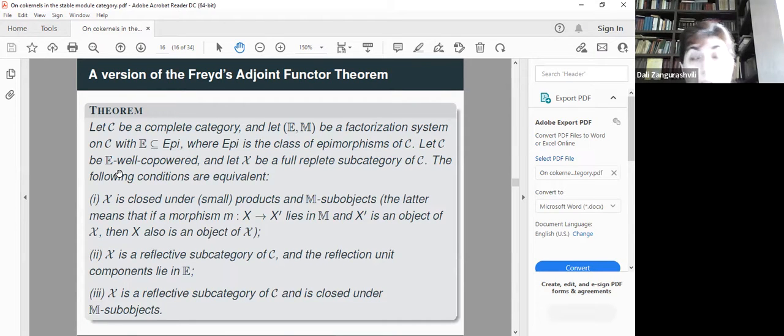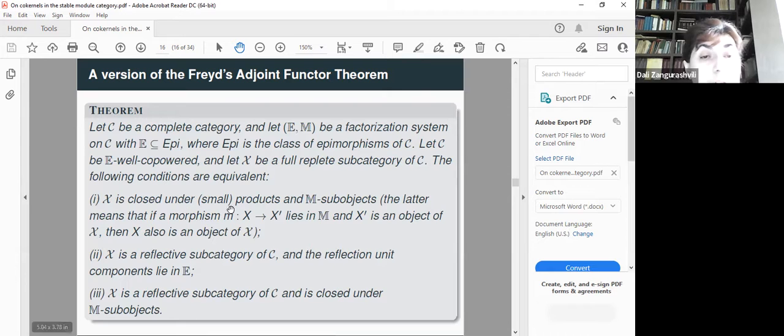If we restrict our consideration to only morphisms from E, our condition is that this quotient class is a set. This is what I mean by an E-well-copowered category. And let X be a full replete subcategory of C.